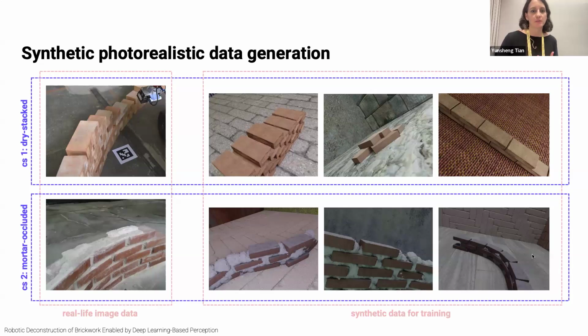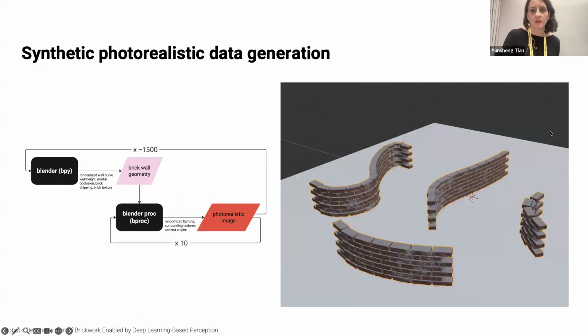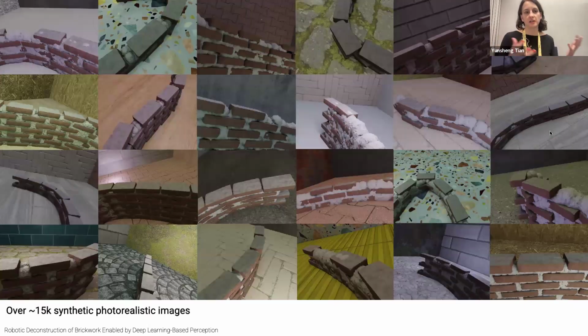We have been setting up this render pipeline featuring randomized settings for the overall geometry: the baseline curve, the height of the bricks, different brick materials, damaged bricks, residual mortar, as well as variations in cameras and lighting conditions, generating this photorealistic data set. We have also been trying to augment this with real world data. Currently, we're working with the rendered data.